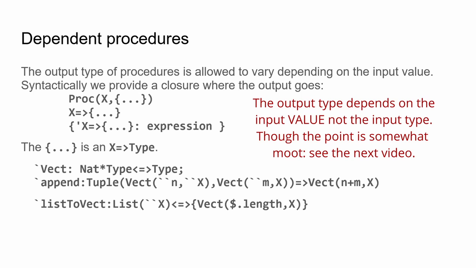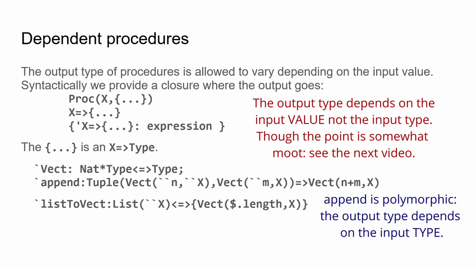So going back to our simple dependent type example, vector is from nat times type goes to type, which means that if we have a vec type, we can go backwards to find out what the n and the type were. That's why it's an embedding. All right, there's a natural thing with this where we can do an append.